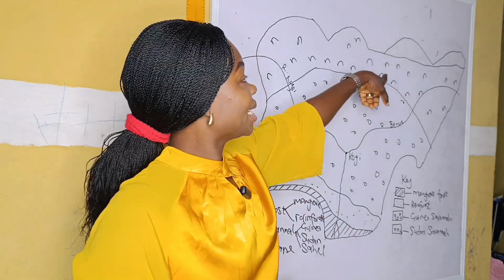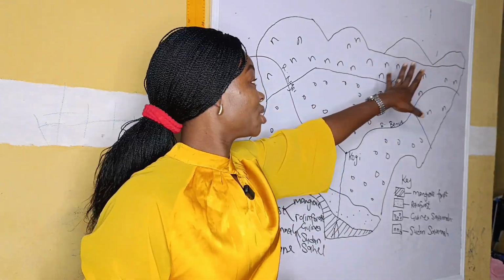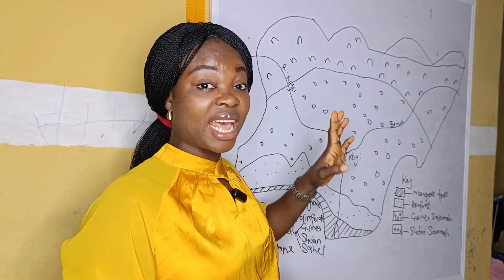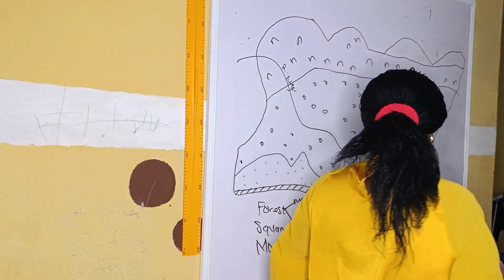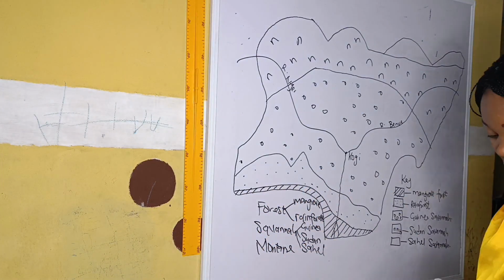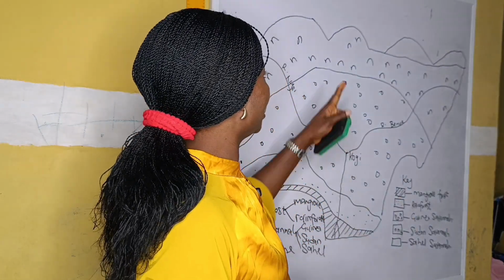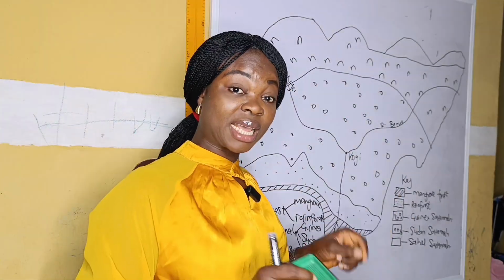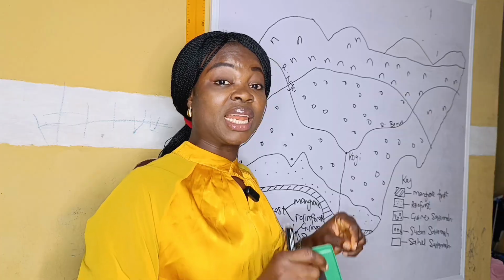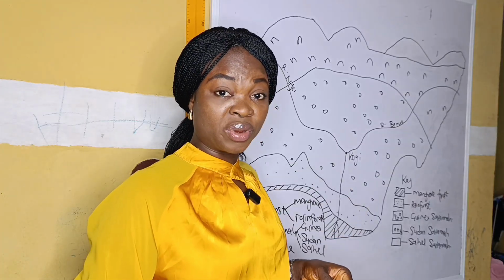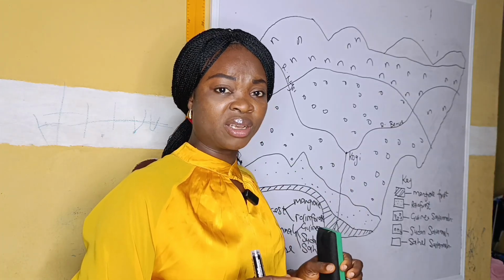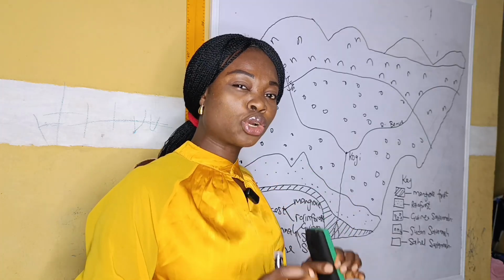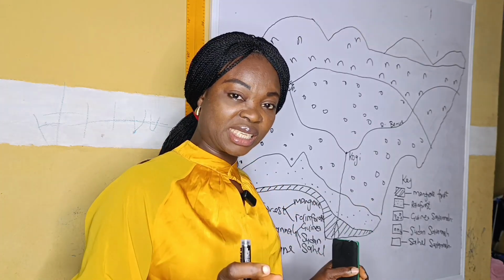The next one, that's that side that is not shaded, is Sahel Savannah. Sahel Savannah can be found in places like Damaturu and Maiduguri. Characteristics of Sahel Savannah. It has short, scanty grasses.